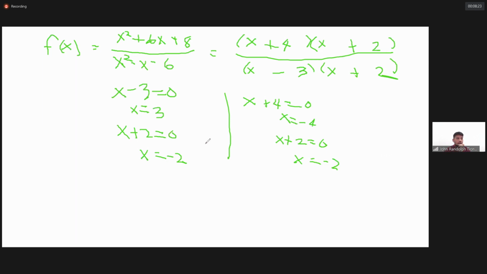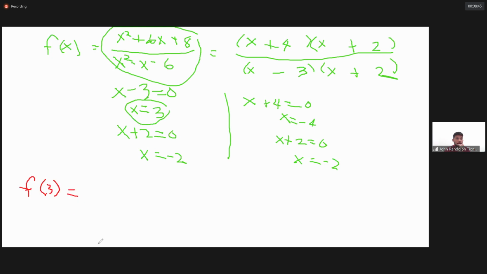So let's try equating 3, guys. Try substituting 3 in your function here to see if it will equate to 0. Just give me the answer. What is your f of 3 here? Solve what is your f of 3.